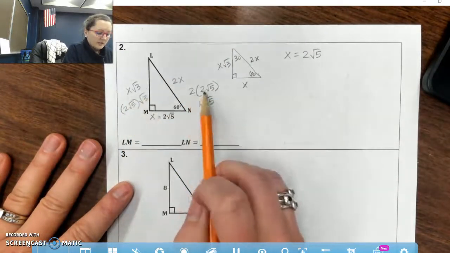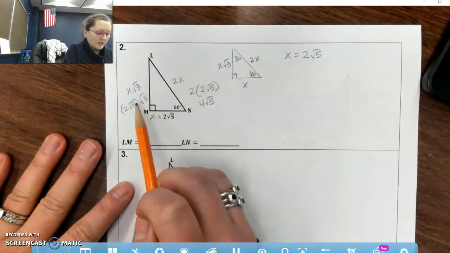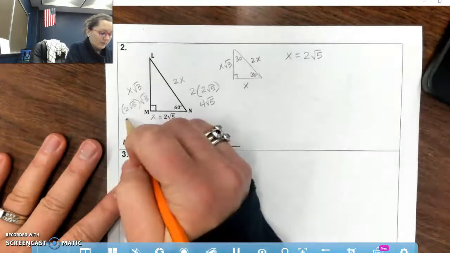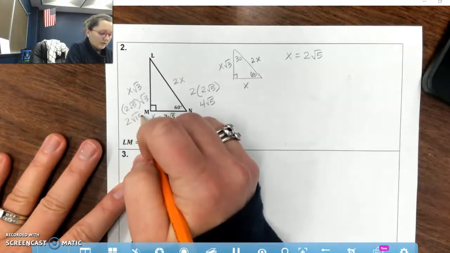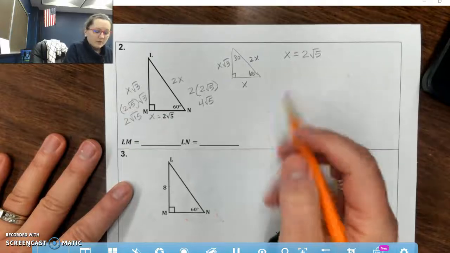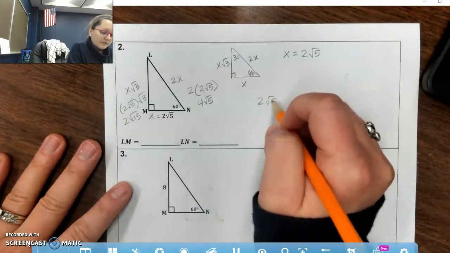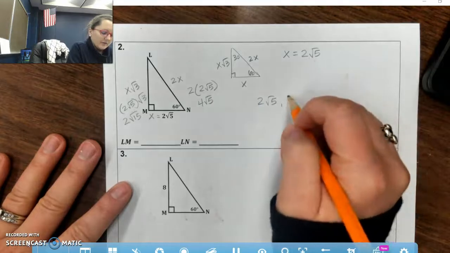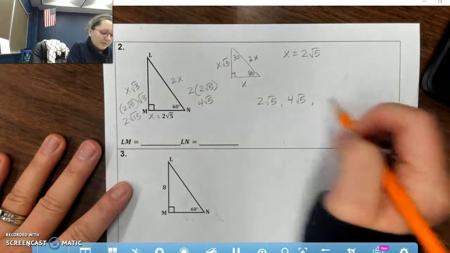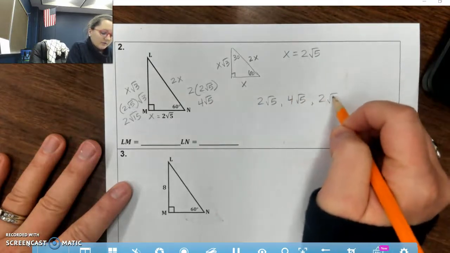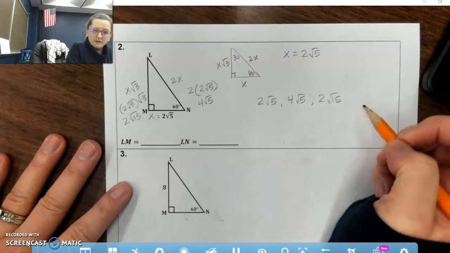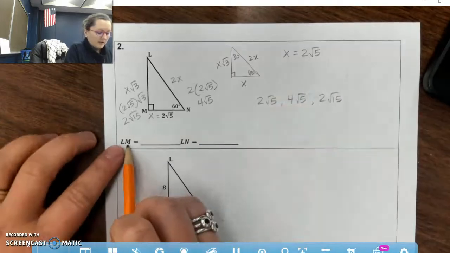Just like here, if it's outside of the radical, you can multiply them. If it's inside of the radical, you can multiply them. So it's 2 root 15. So we've solved already. So here I want us to think. I have 2 root 5, here are my lengths, okay? 4 root 5, that's my hypotenuse, and 2 root 15, that's the long side. So let's answer here.